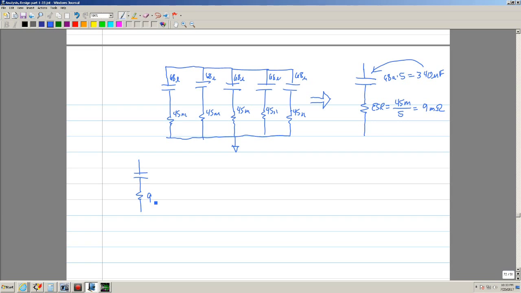So this is 340 microfarads. Let's calculate what the ripple would be.